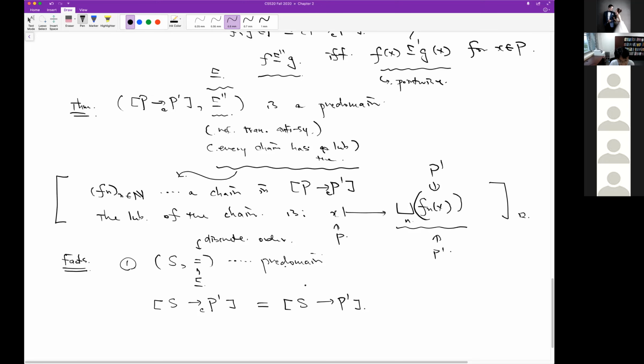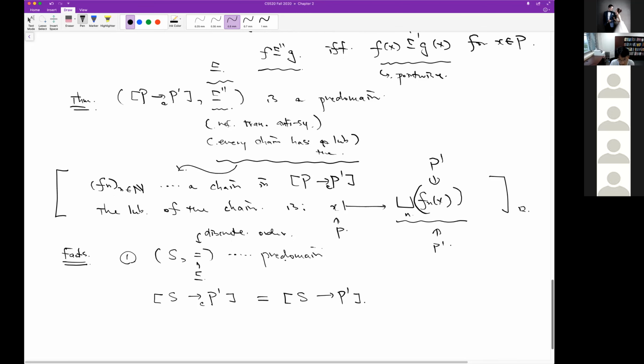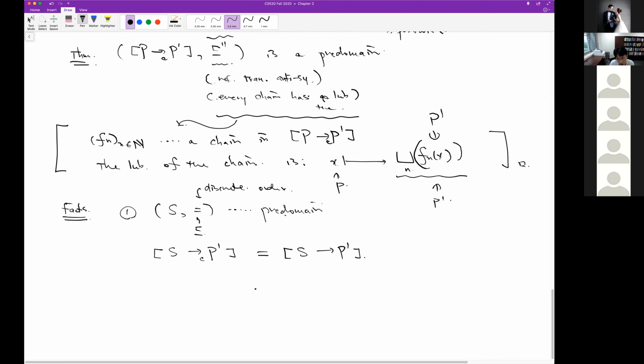In that case, this continuous function space will be identical to just the set of all the normal functions. Okay, so we're going to use this fact many times. What this suggests is that the space of continuous functions can be understood as a generalization of the typical function space.